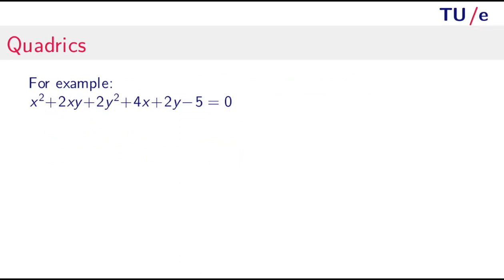For example, if you start with a general quadric, say the quadric x squared plus 2xy plus 2y squared plus 4x plus 2y minus 5 is equal to 0. What can we do then? Well, first we use completion of the squares. x plus y squared is the part that we can see here.